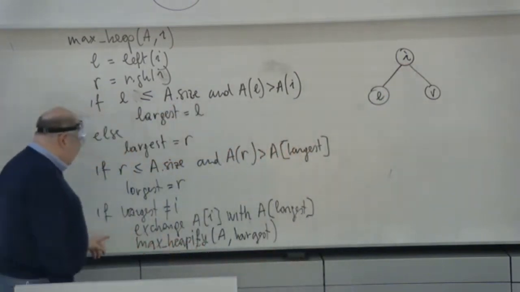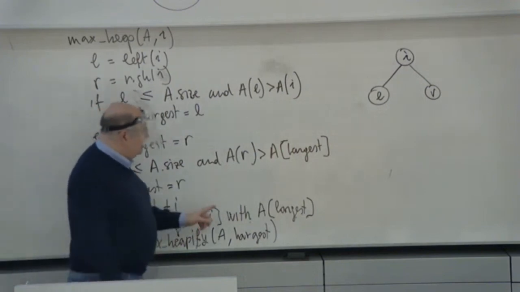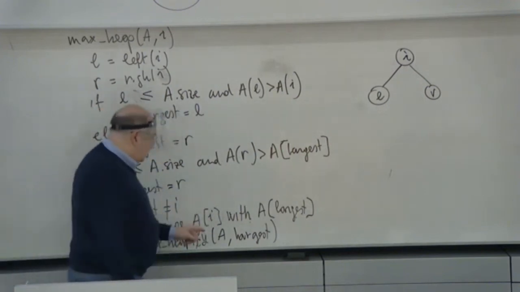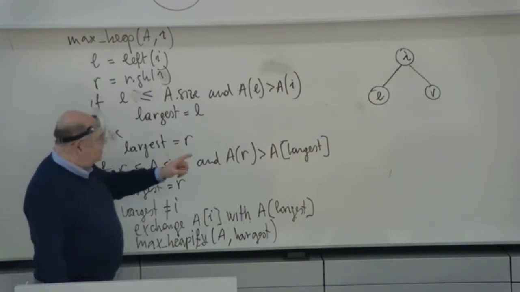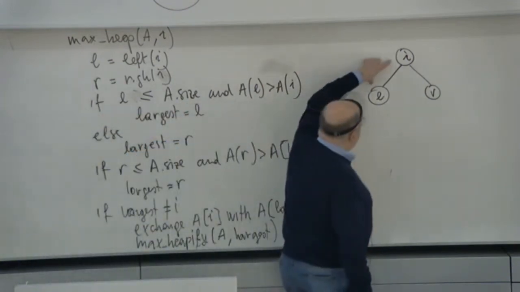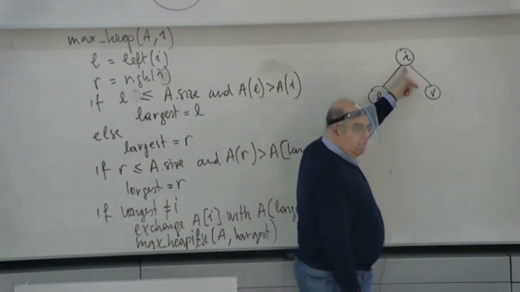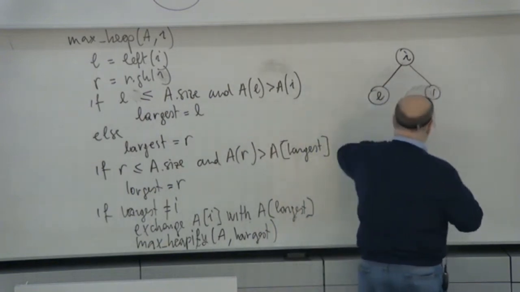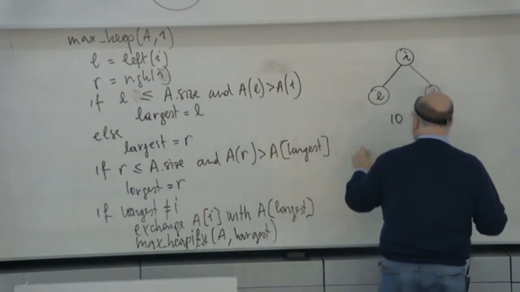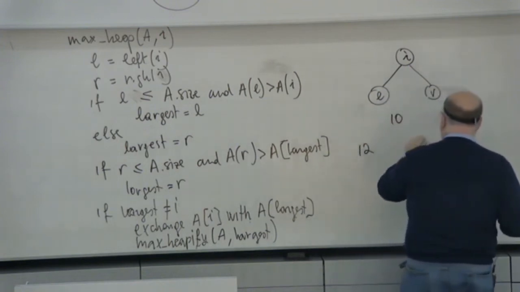But if it is not, then what you do is exchange the largest with I. So you swap either these two or these two, and now this is larger than this. So say, for example, you have, I don't know, 10, 12, and 8.